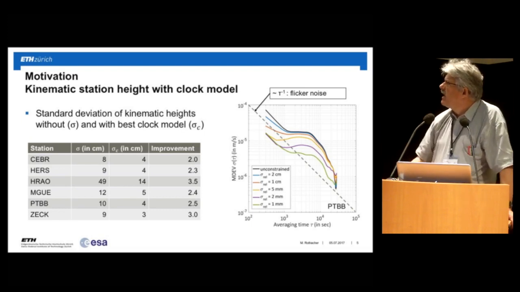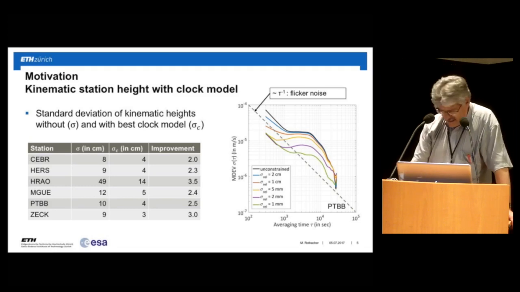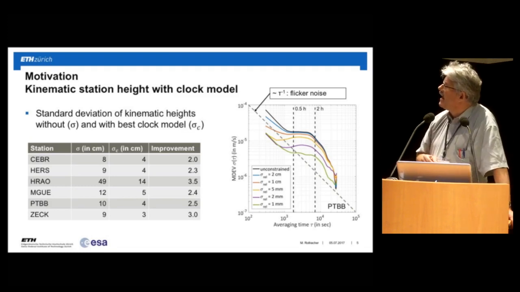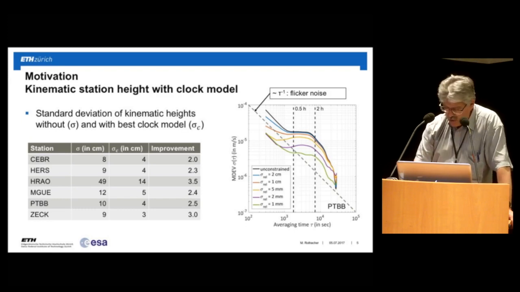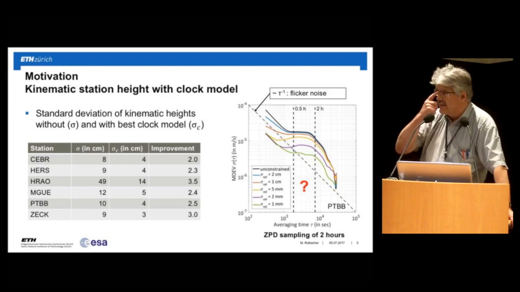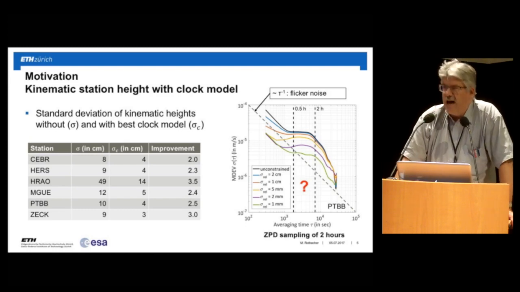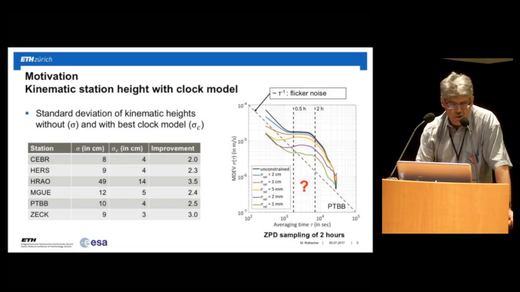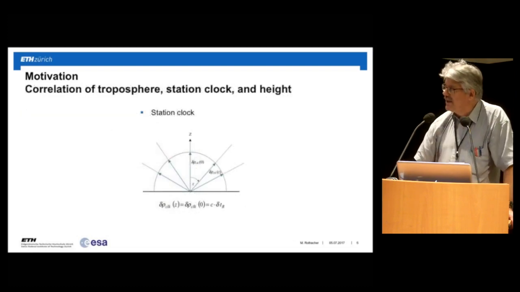This is, let's say, well known, but what we were considering in particular was this question here. Why is this so high at this level of about 0.5 to 2 hours, especially thinking of the fact that we had a zenith path delay sampling of 2 hours. So this seems to coincide, and so we thought we have to look into this in more detail.